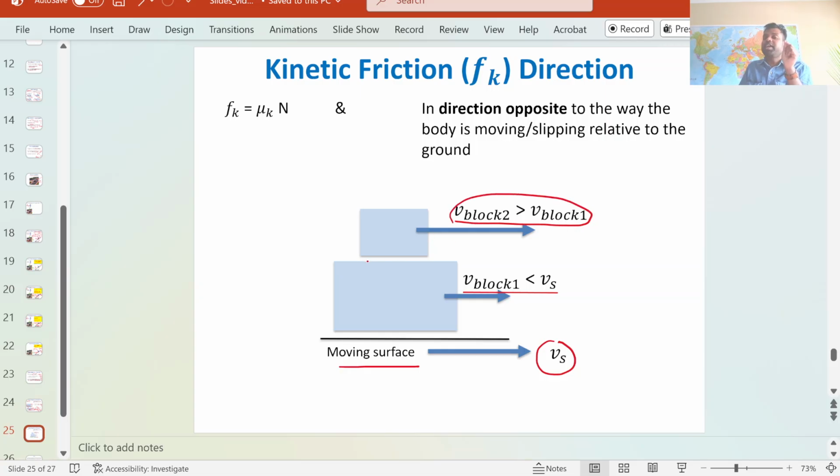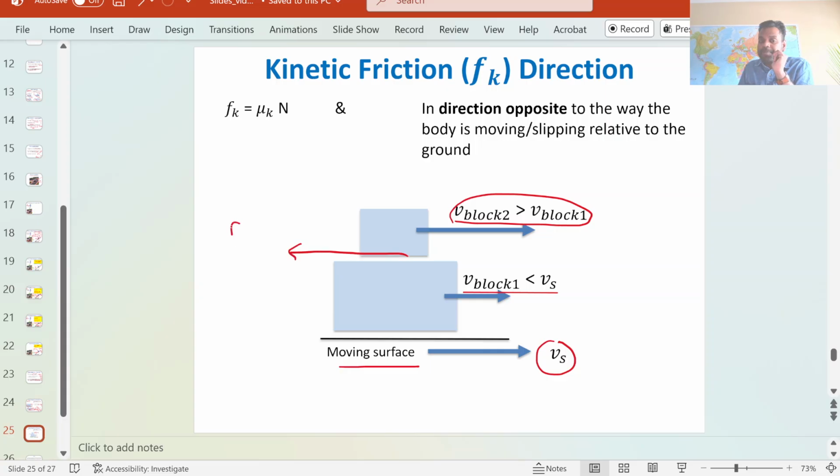So let us look at the kinetic friction on block 2. Because V block 2 is more than V block 1, block 2 is moving to the right with respect to block 1. So block 1 would try to stop it.